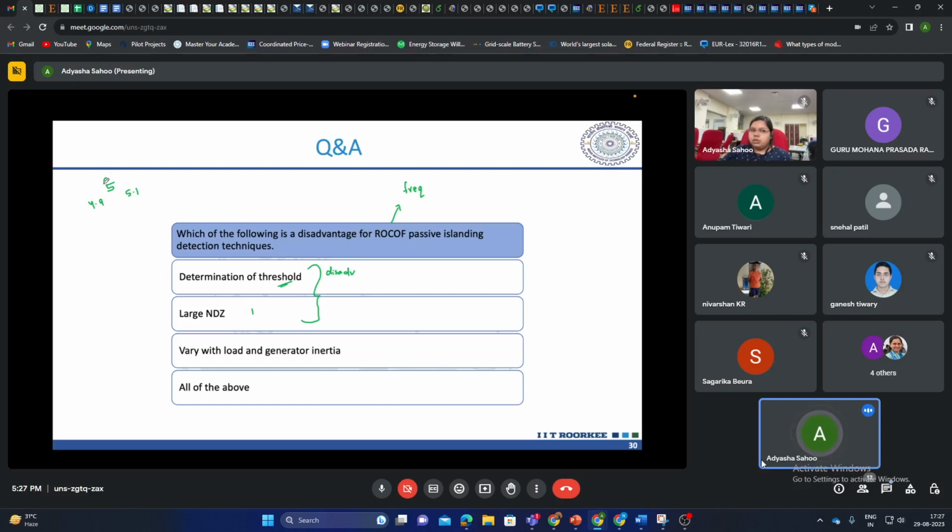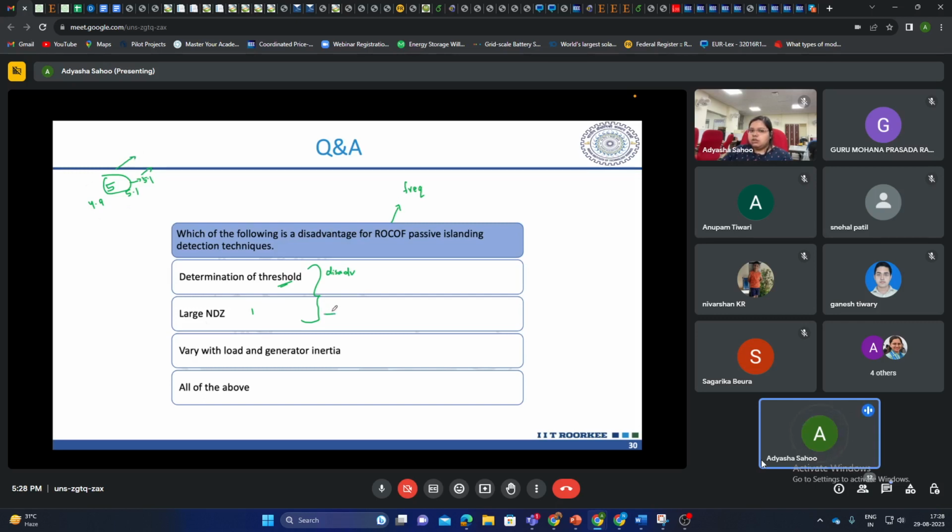So whether it will be 0.5, whether it will be 5.1 or something, determination of this threshold is very crucial in passive detection techniques. Similarly, we had also seen they have large non-detection zones.